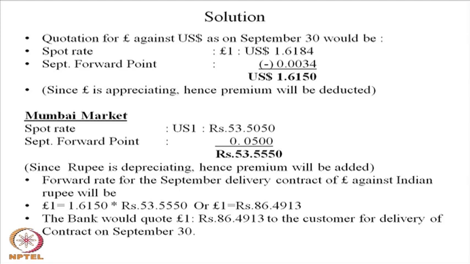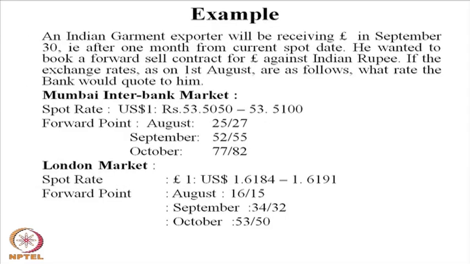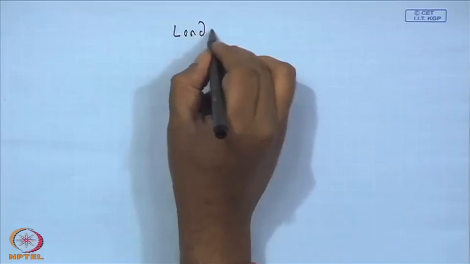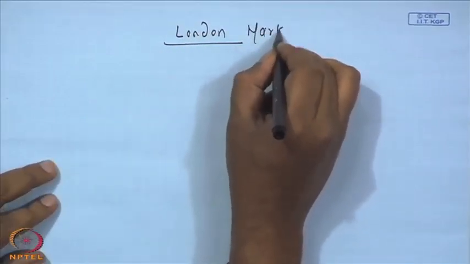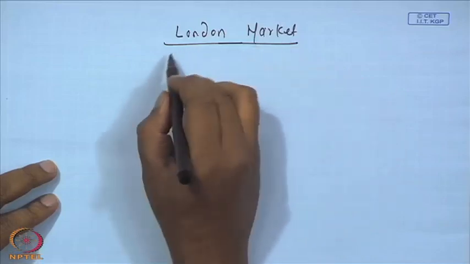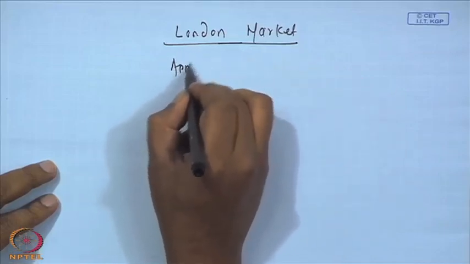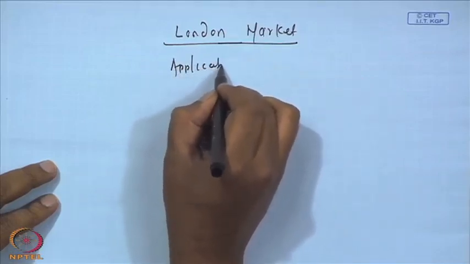When you sell pound sterling in the London market, what will be the applicable spot rate for us? You have to see the London market spot rate, applicable because we are surrendering pound sterling.